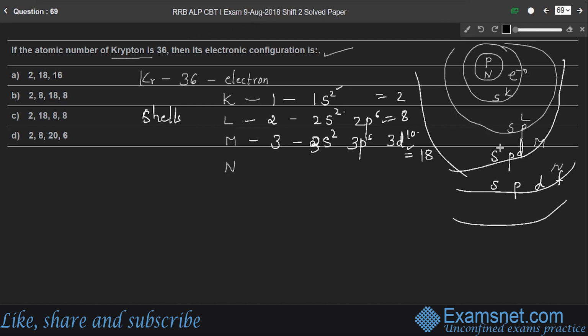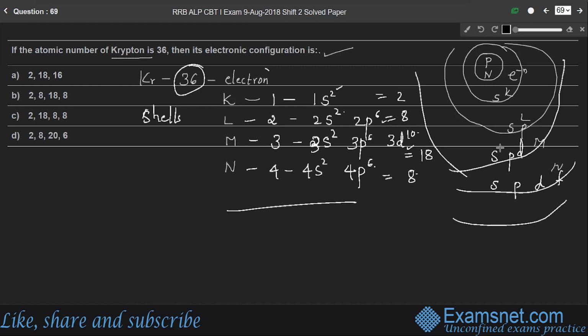Totally, up to the third shell it becomes 28. The atomic number is 36, so we need 8 more electrons to occupy. These 8 more electrons will occupy the fourth shell, which is 4s2, 4p6.